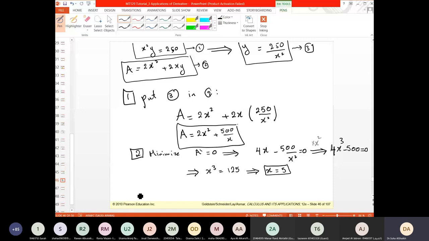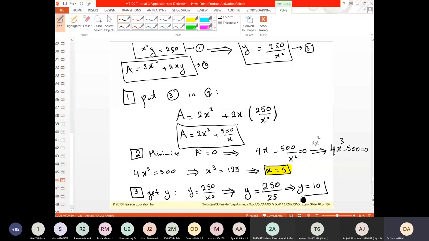Step number 3, get the y. And I know the y is 250 over x squared that I already have in there. So y equal to 250 over x squared, which is 250 over 25. This implies y is equal to 10. And this solved the question.